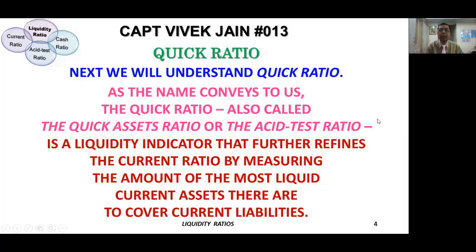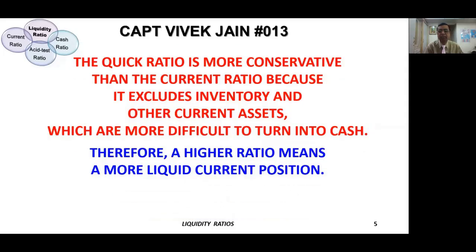Second one is the quick ratio. As the name conveys to us, the quick ratio, also called quick assets ratio or the acid test ratio, is a liquidity indicator that further refines the current ratio by measuring the amount of the most liquid current assets there are to cover the current liabilities.